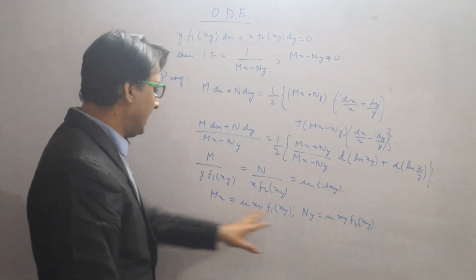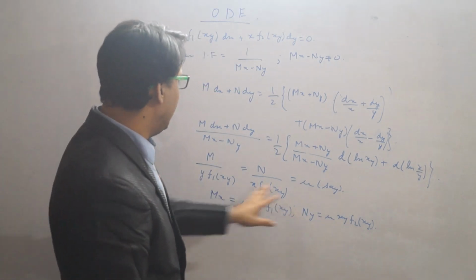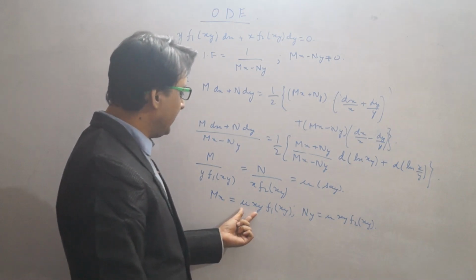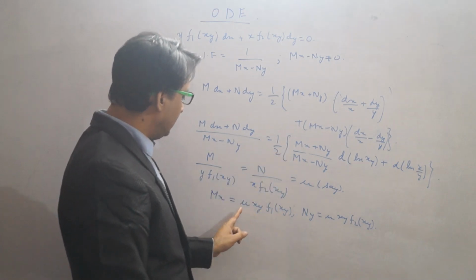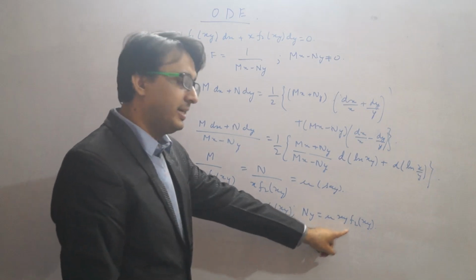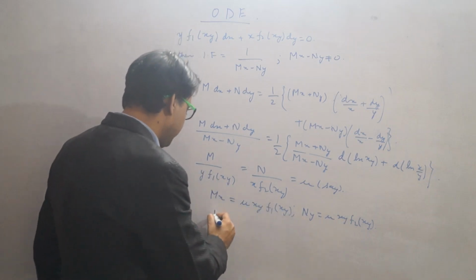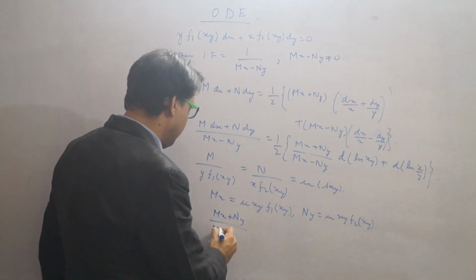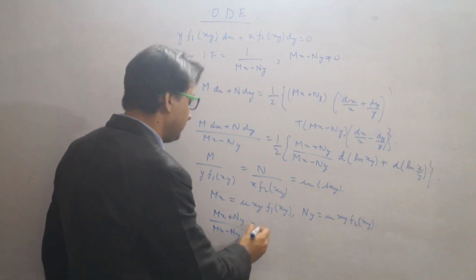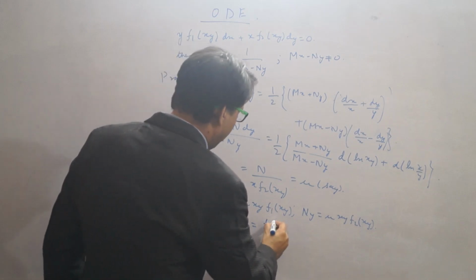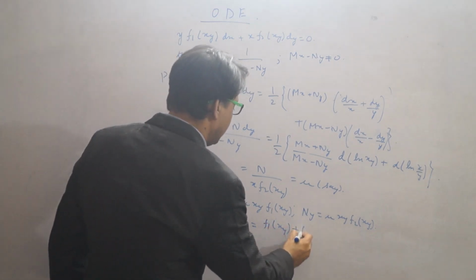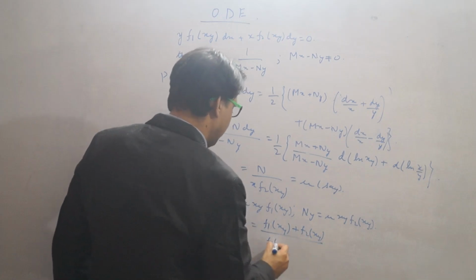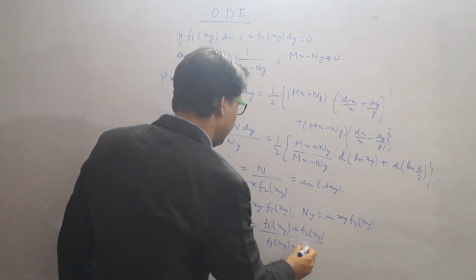Now I will add these two and subtract these two. When I divide, mu xy and mu xy get cancelled. So mx plus ny divided by mx minus ny gives me f1 xy plus f2 xy divided by f1 xy minus f2 xy.